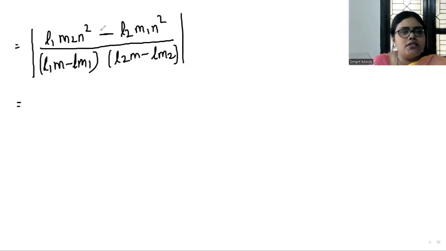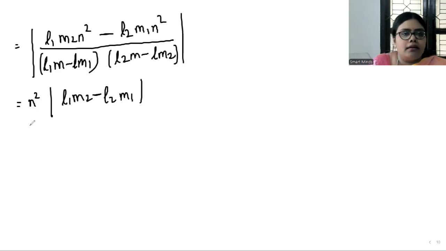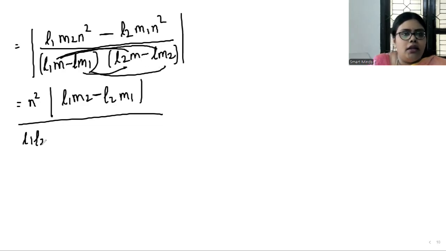Now, if I take N square common, N square I am taking outside, you are getting L1M2 minus L2M1 by, here let us multiply this into this, this into this, this into this, this into this. L1 L2 M square minus L1 M2 LM minus L2 M1 LM plus M1 M2 L square.